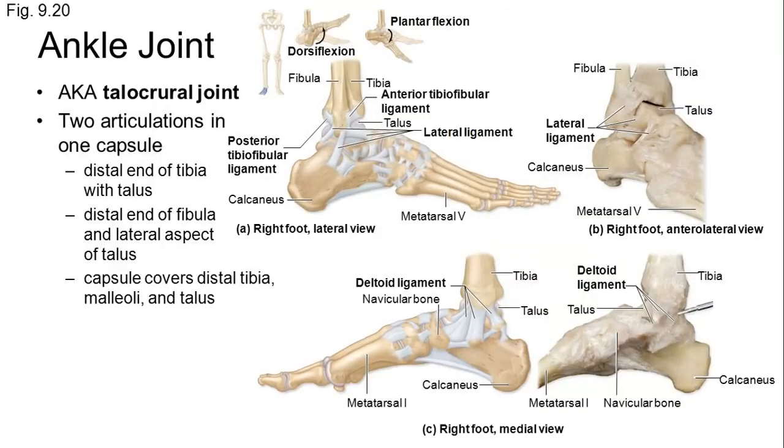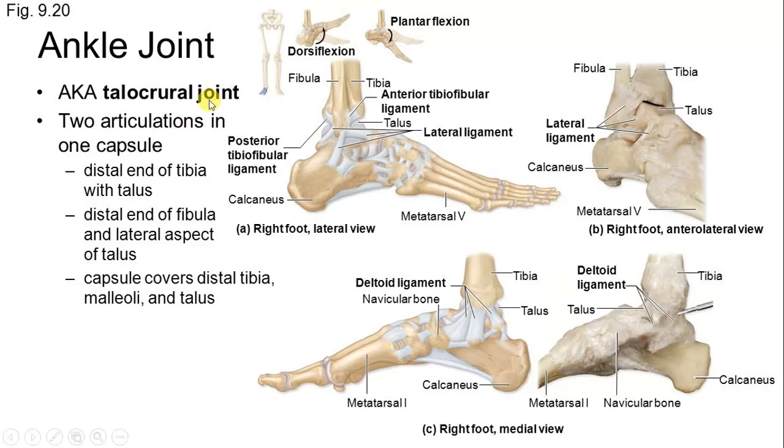Now the capsule. If we have understood between which bones the joint is present, and what the type of joint is, now we want to know the ligaments, and in synovial joints the very important ligament is the capsule of the joint.